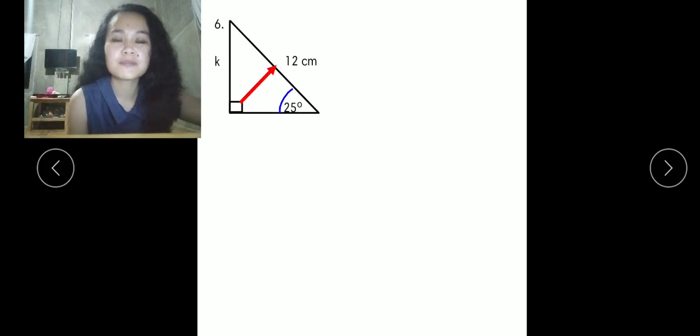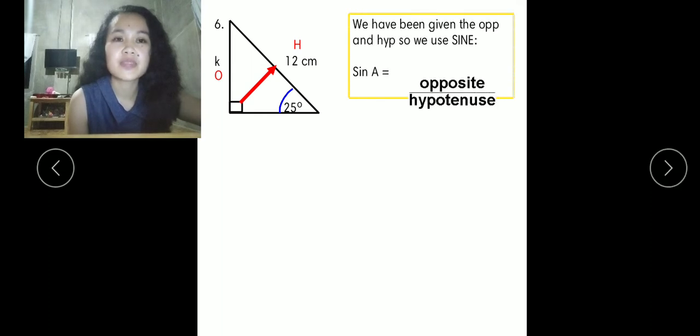Another example. Based on the illustration, we have 12 centimeter, which is the hypotenuse. K is the opposite. Then the given theta is 25 degrees. Since we have been given the opposite and the hypotenuse, we use sine.